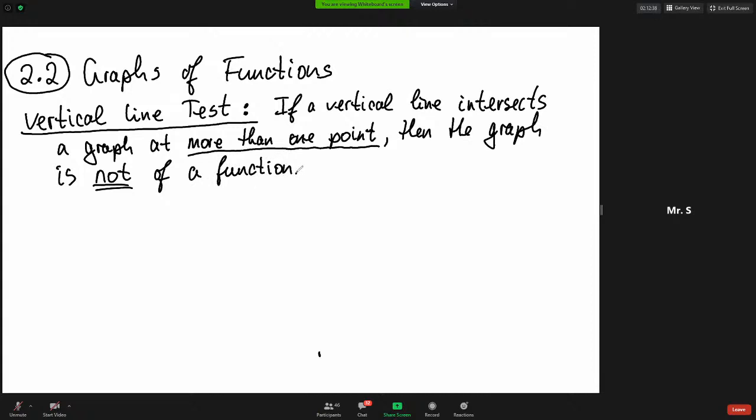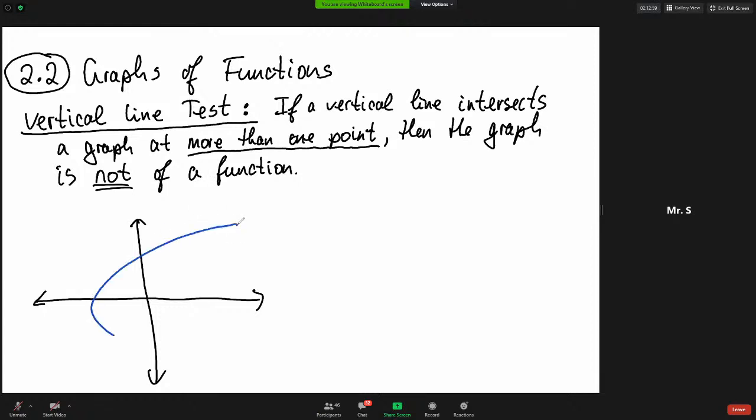So essentially, I prefer to say you didn't pass the vertical line test in order to be a function, meaning that we already saw that on the circle example, not a function. If I have a horizontal parabola, a horizontal parabola would look something like that, right? This is a horizontal parabola.